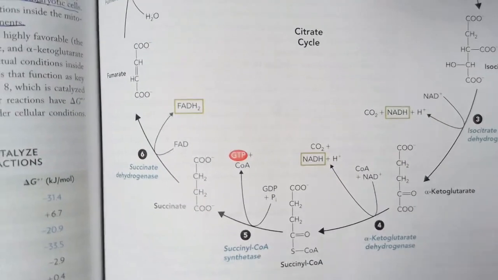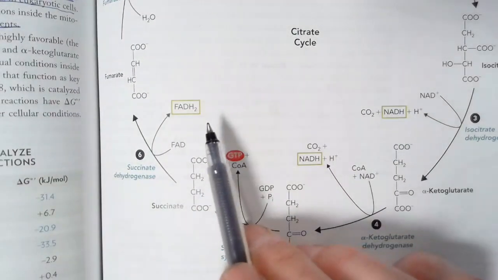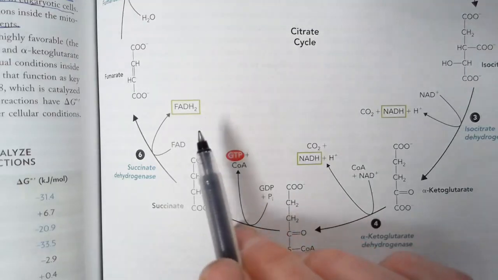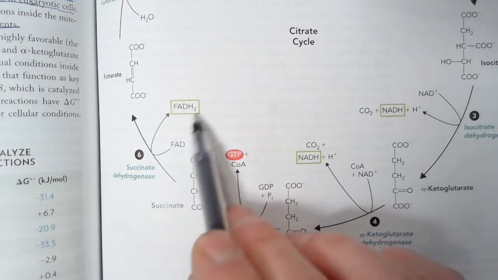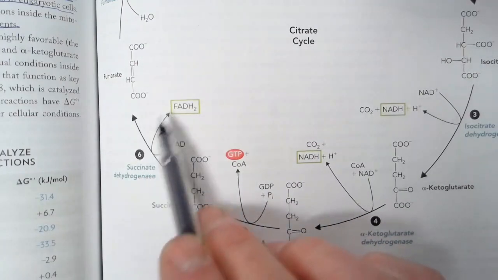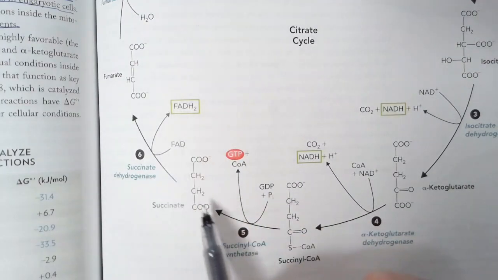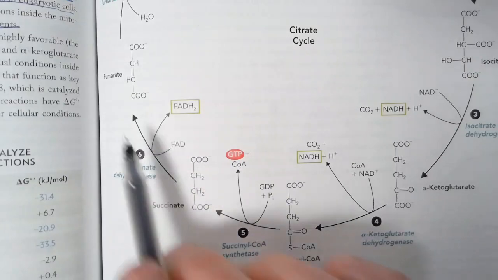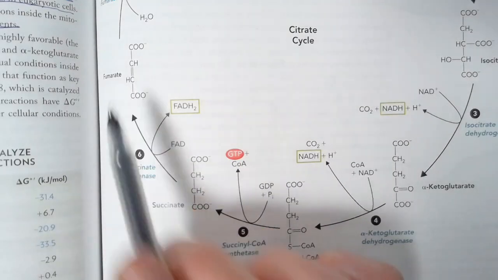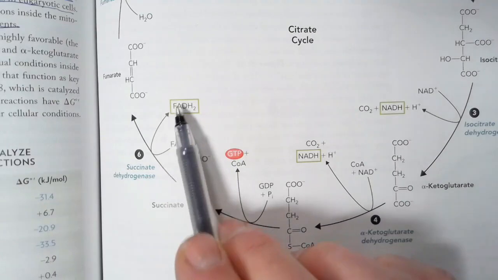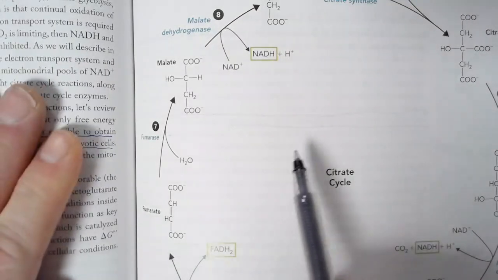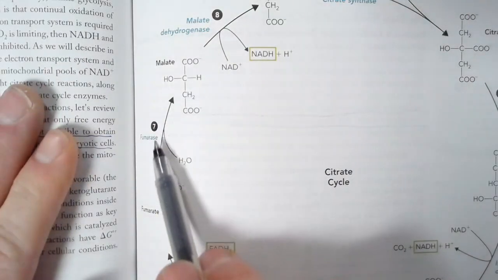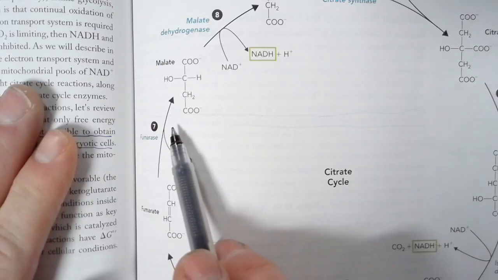Step 6, there's an FADH2. Question 5 didn't ask to indicate whether FADH2 was involved or not, but just FYI, step 6, FADH2 is produced, and that's because succinate gets oxidized to fumarate, and FAD gets reduced to FADH2. Moving on to step 7, we see that nothing happens with NADH or FADH2 or ATP for that matter.